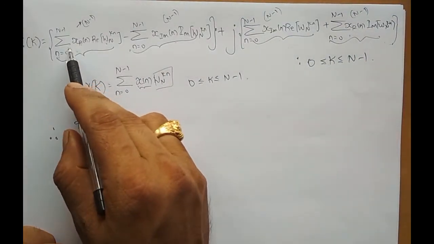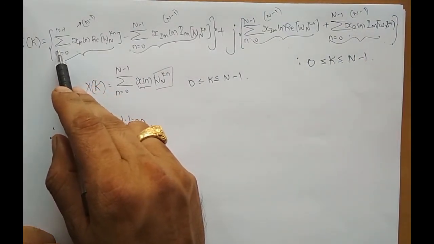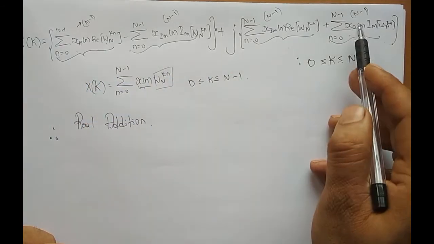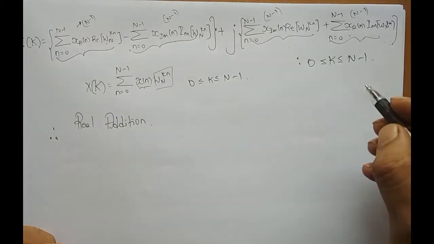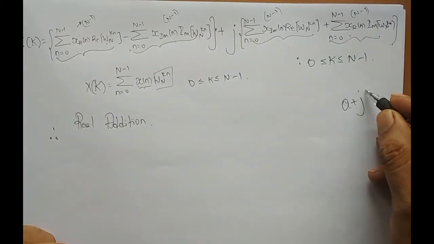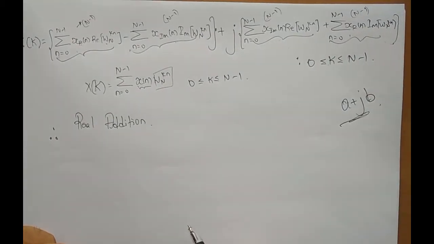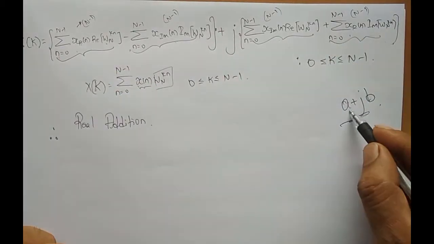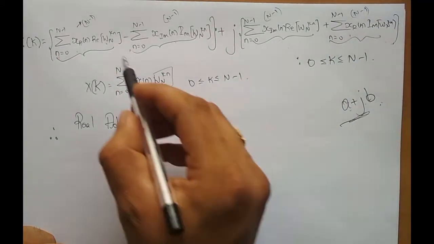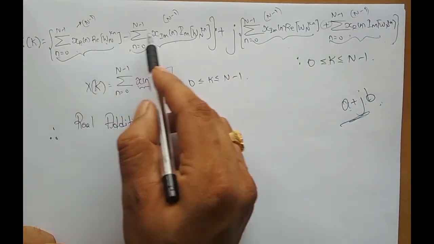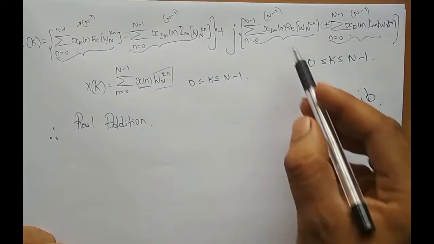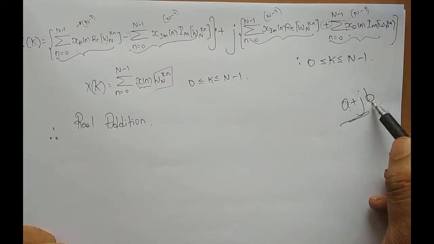Once you're done with the addition of this and this, to combine the whole thing in a plus jb form, I require another two additions. One is here, one is here. When I add these two, this entire thing becomes a, and when I add these two, this entire thing becomes b.